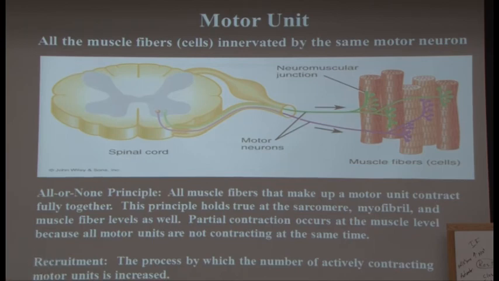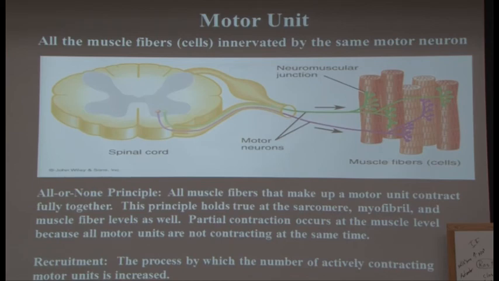The cells that make up a motor unit, the myofibrils that make up a cell, and the sarcomeres that make up the myofibril will either all contract fully or not contract at all. There is no such thing as a partial contraction.